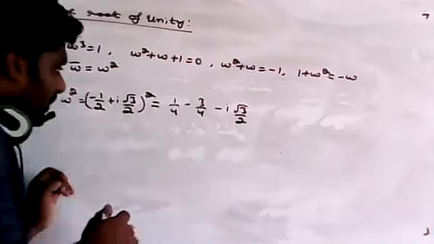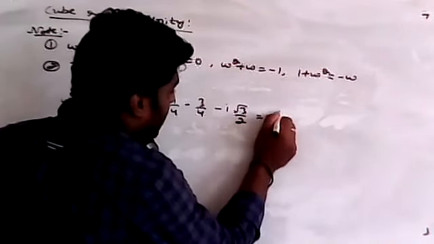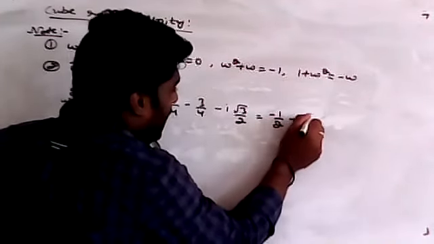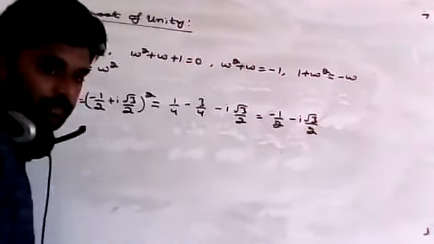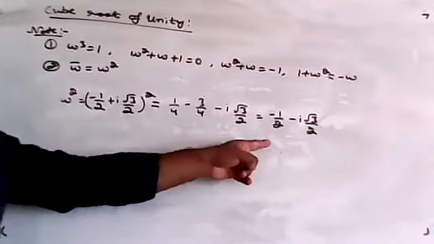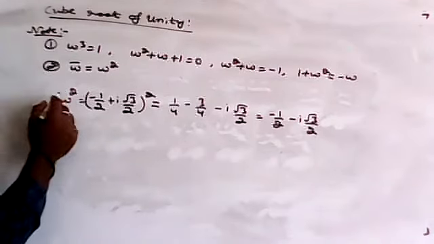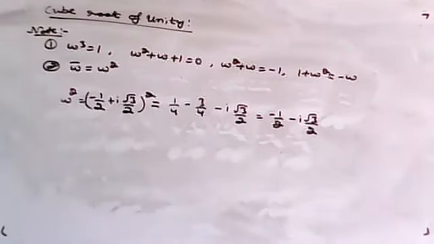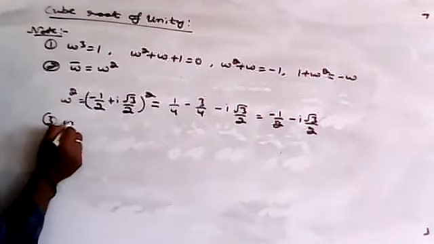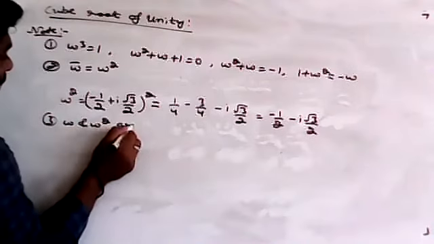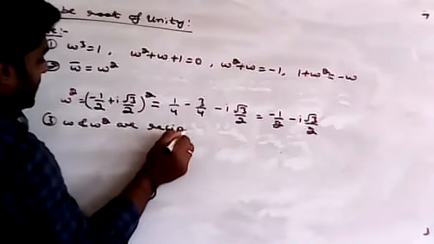Minus 2 by 4. So that is nothing but minus 1 by 2 minus i root 3 by 2. You can check that one. So one more, the conjugate of this one, same. Correct? Okay. So remember this one. Omega bar equal to what? Omega square. And omega and omega square are reciprocal to each other.